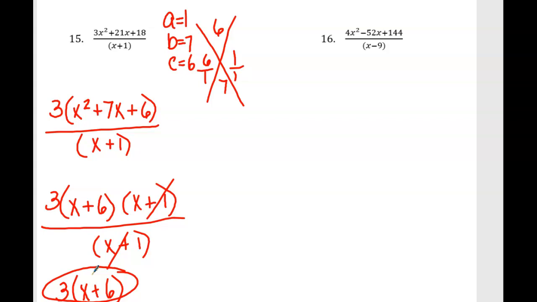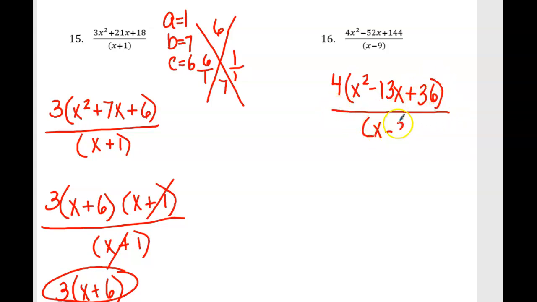Okay. Now with number 16, we can factor out a 4. So this is going to be 4 times x squared minus 13x, and then plus 36. All right, and we're dividing that by x minus 9. We're going to make our x. We've got a 36 up top and negative 13 down at the bottom. I know one's going to be negative 9.